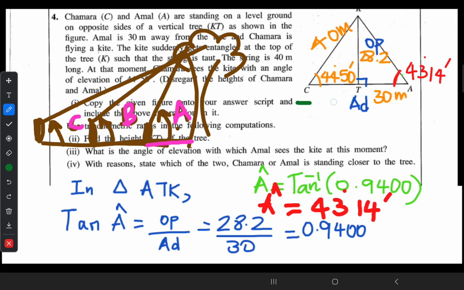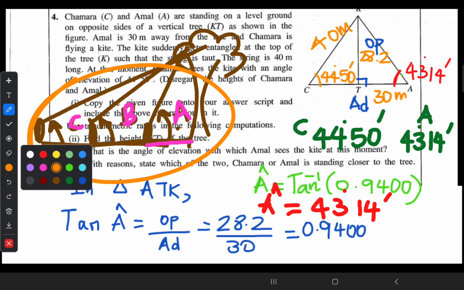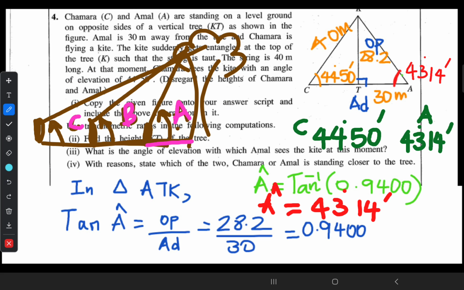So amongst these two, Chamara and Amal, Chamara's angle of elevation is 44 degrees 50 minutes, and Amal's is 43 degrees and 14 minutes. So think about this real life application.